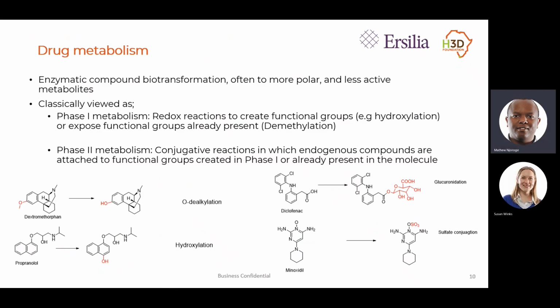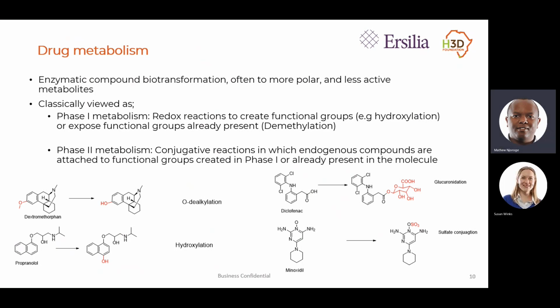Okay, and then very quickly moving on to drug metabolism, because for most drugs that we take, they interact one way or another with the drug metabolizing enzymes that we have in the liver.